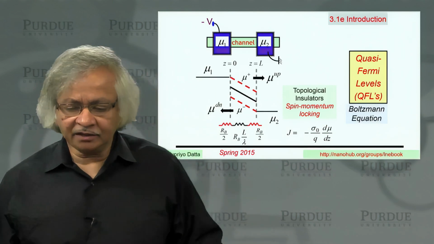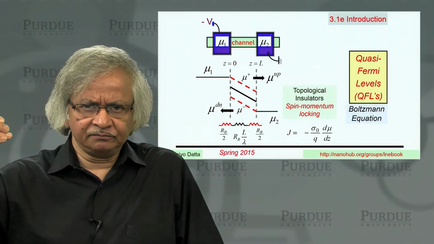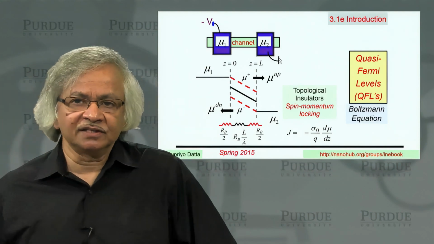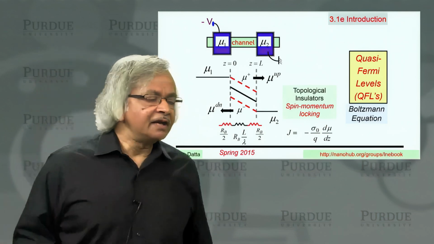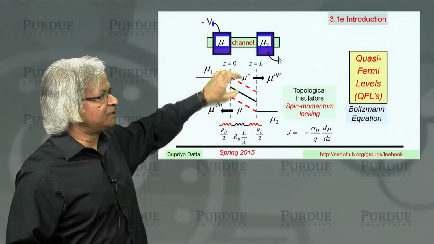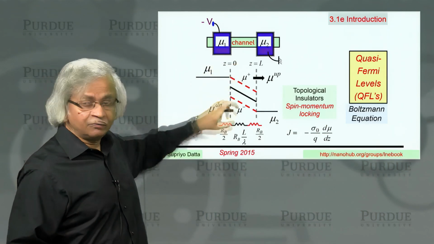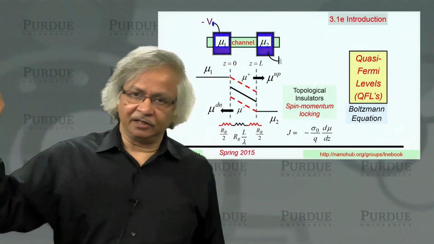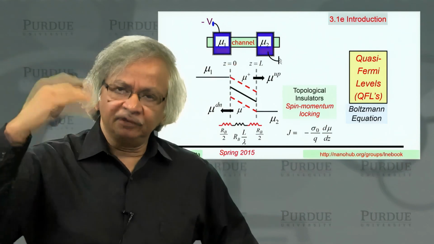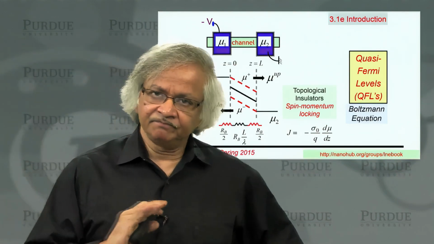Because in ordinary conductors, if you're moving right, you could have either up spin or down spin. If you're moving left, you could have up or down. But in these materials, those two things are locked together. And so what that means is that the difference between the quasi-Fermi levels for plus and minus, which, as I said, occurs in any material, whenever there's a current flow, the quasi-Fermi level for right-moving carriers is different from that for left-moving carriers.